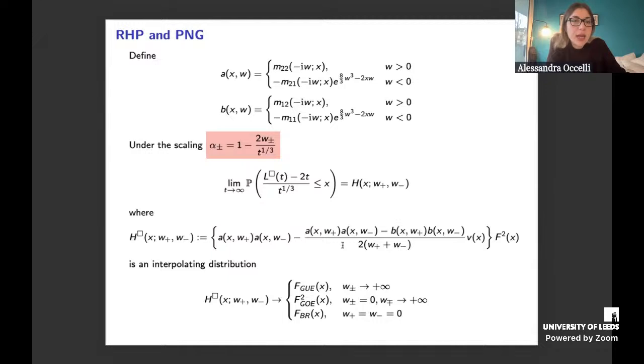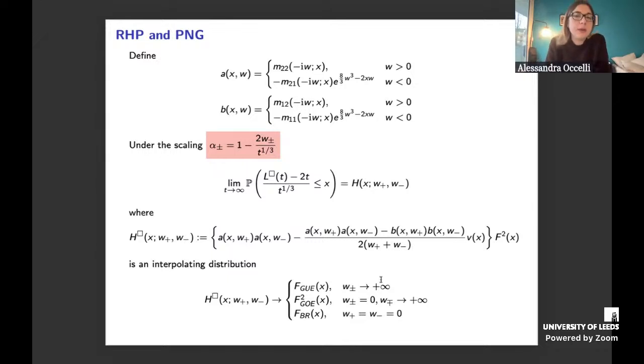And actually, if you study the behavior of H according to the values of w plus and w minus, you see that H interpolates between the three distributions that we saw before. When w plus and minus go to infinity, which corresponds to the case boundary parameters less than 1, you will see the GUE Tracy-Widom.